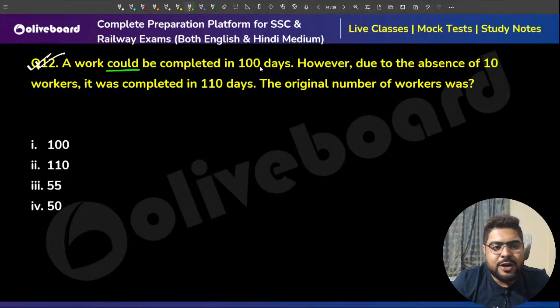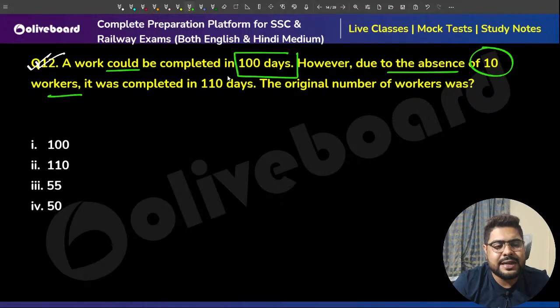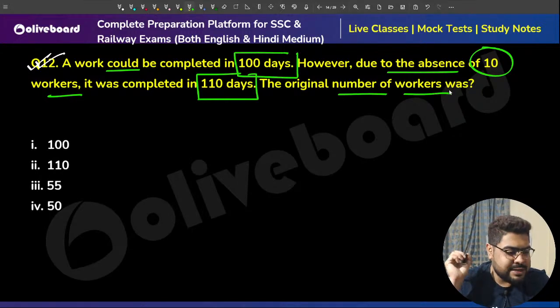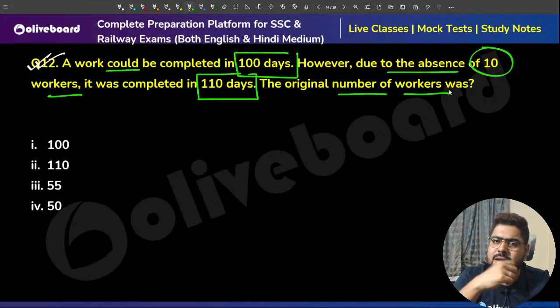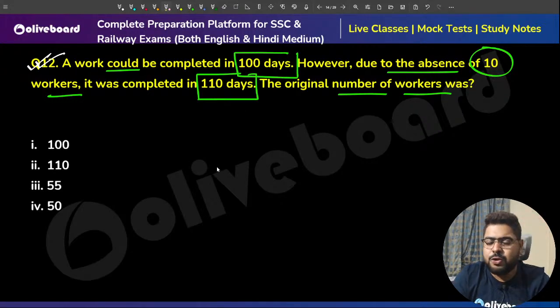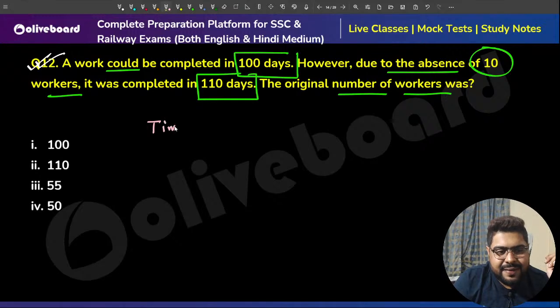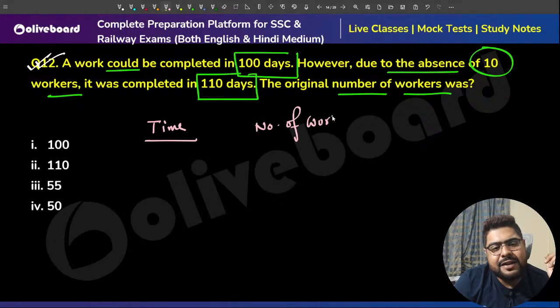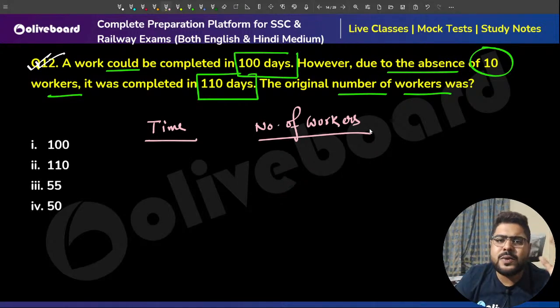Sir, again. A work could be completed in 100 days. However, due to absence of 10 workers, it gets completed in 110 days. What is the original number of workers? Ratio method let's do, or normal? Sir, let's do the ratio method. Let me show you both. I always know time and number of workers are inversely proportional, because the more the number of workers, the less will be the time.